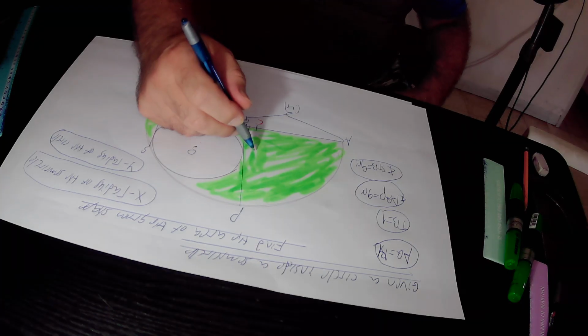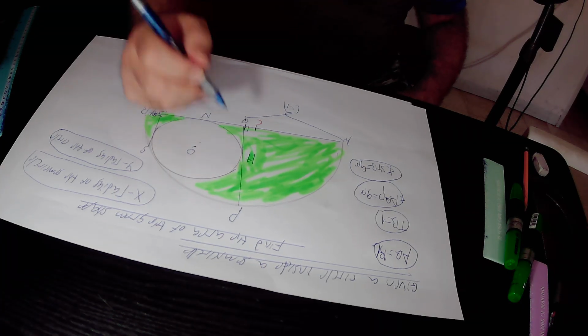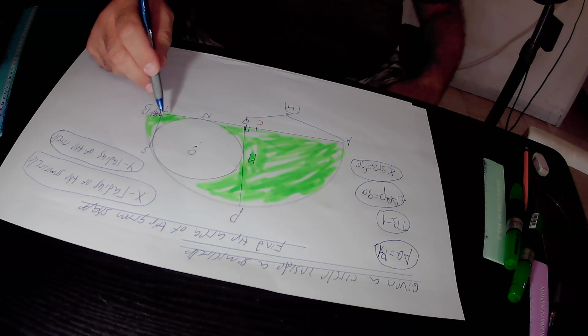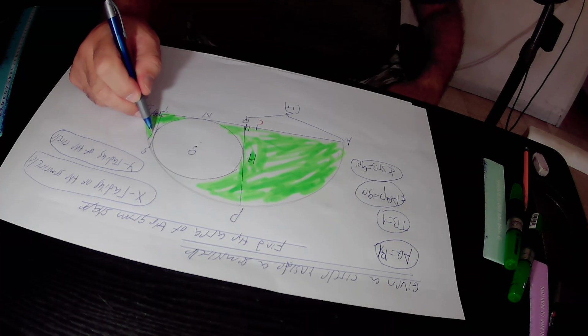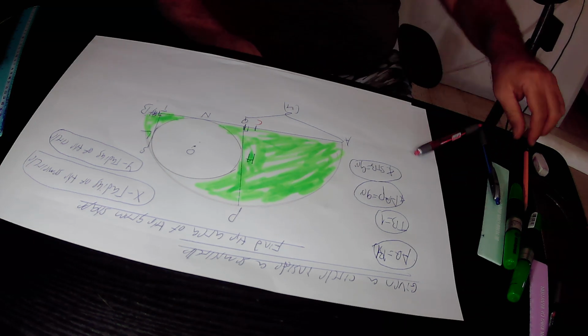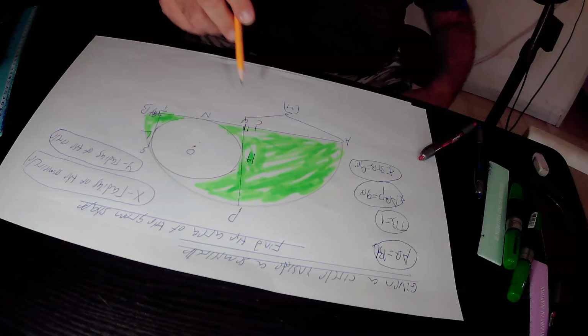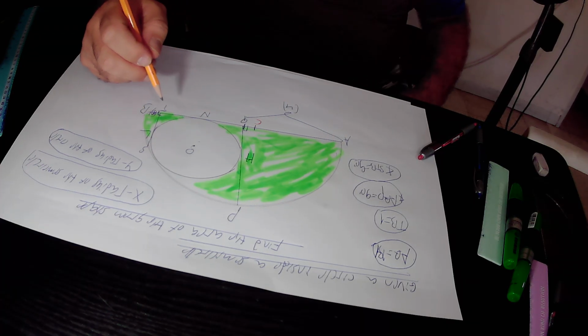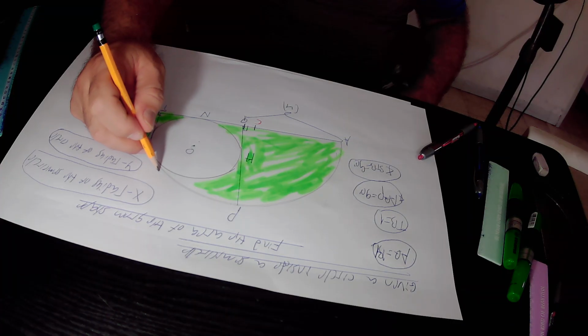This point is point H. We define the point of tangency of tangent ST with this small circle. This point is point L. And finally, we define the touching point of this small circle with this big semicircle. This point is point K.